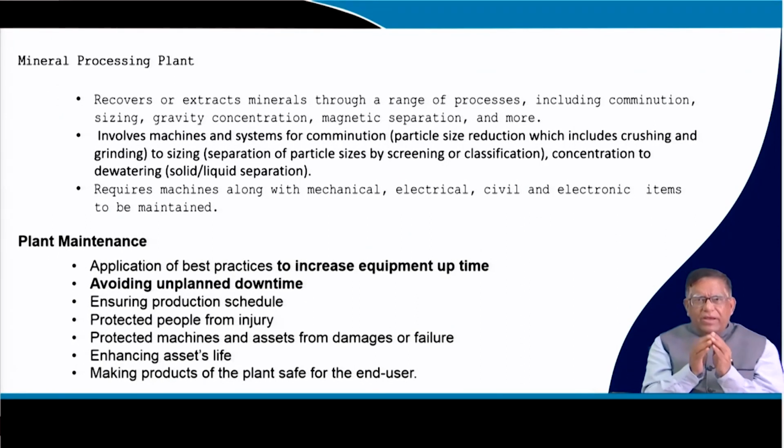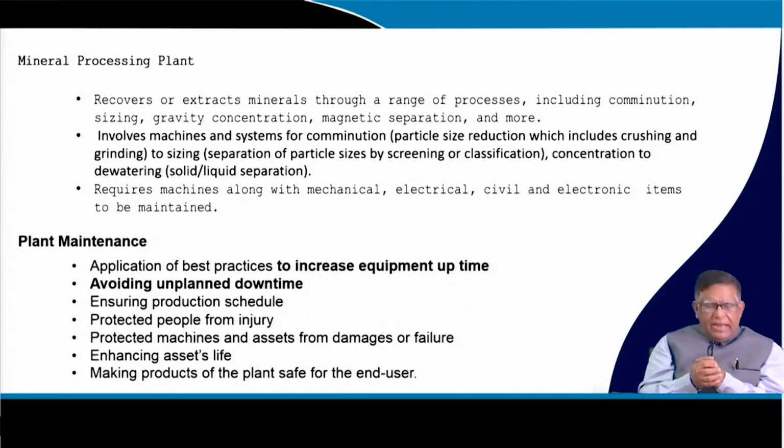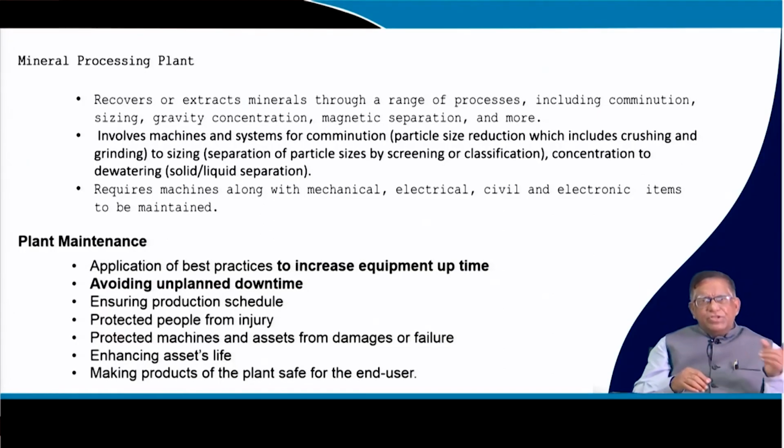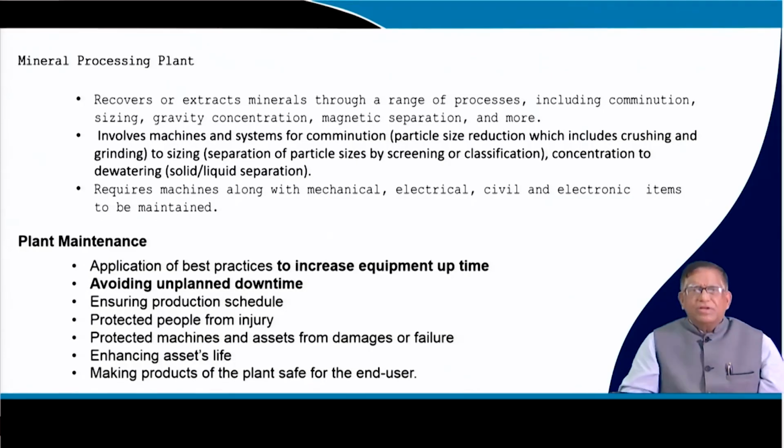When it was preparing, say, some pellets, those pellets crash. So when the end user receives them, they may give off a lot of dust in his environment, which can be injurious to the persons working there. So by not properly maintaining your system, you may give problems to the end user also.